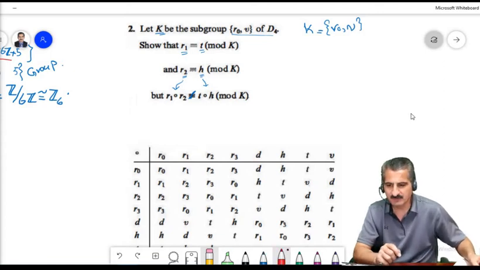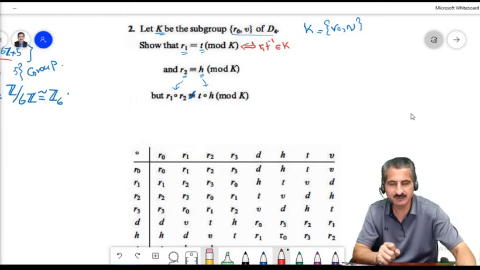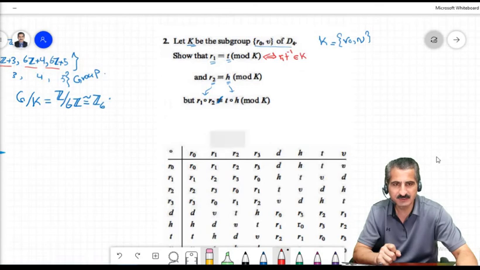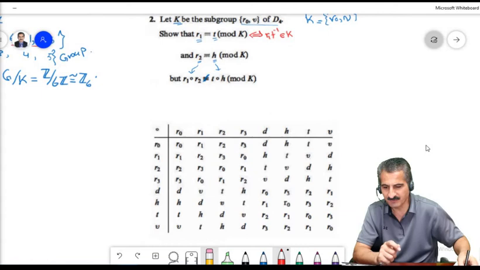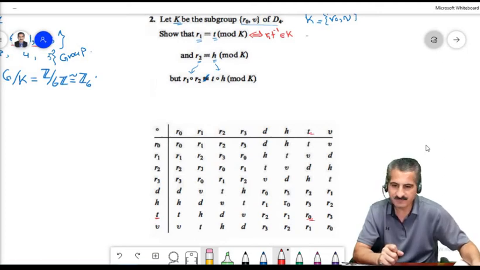Now, to show this is true, we need to show that R1 T inverse belongs to K. But what is T inverse? What do we need to multiply T with so that we get the identity? Actually, T is a reflection, so it is its own inverse. If I go here, I find T here, go all the way, I find the identity is here, multiplying T by T itself. So T is equal to its inverse.